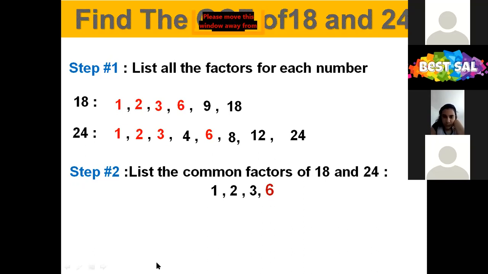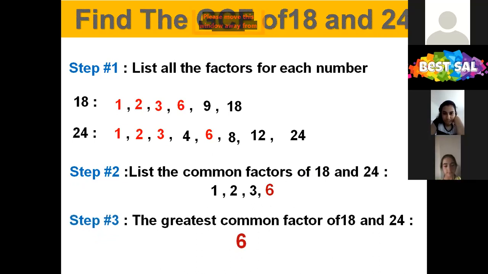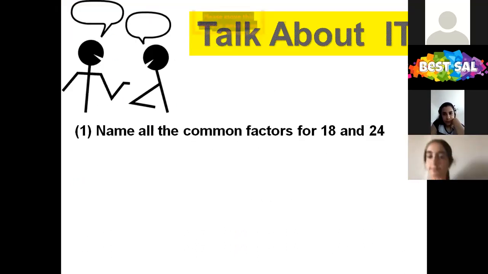After that, what we need is the greatest of these common factors. The greatest number of them is 6. So the greatest common factor of 18 and 24 is 6. Very easy steps to find the greatest common factor.